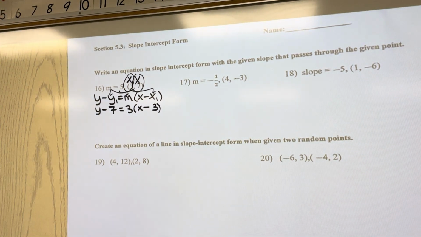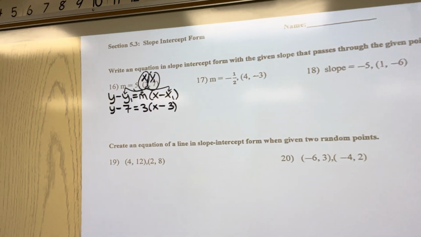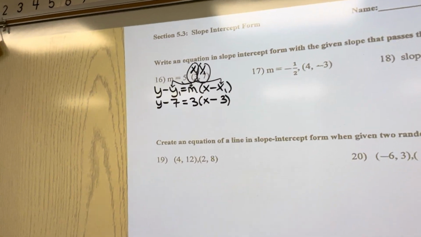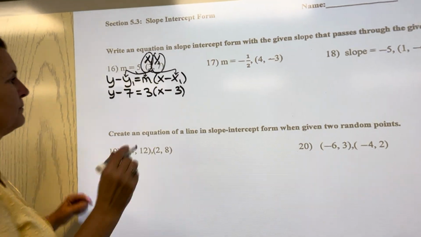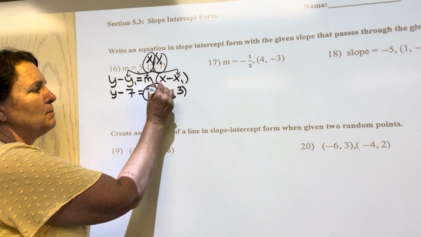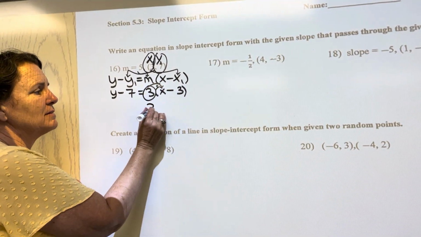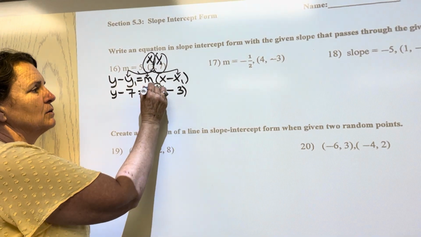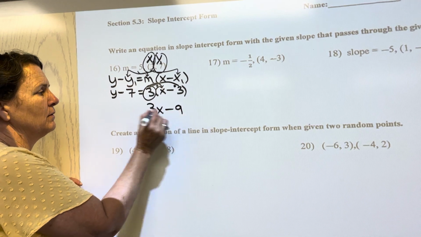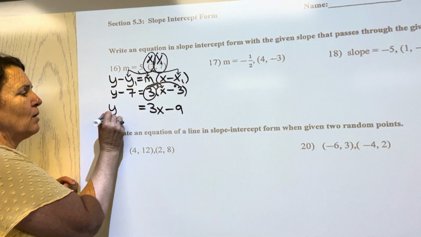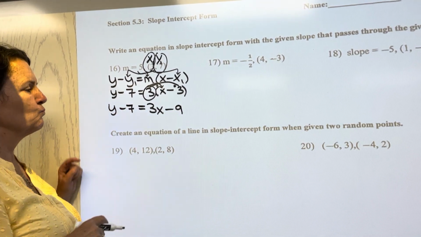Distribute is a fancy way of multiplying, okay? So let's distribute this. So we have this 3, and we're going to multiply it by x. 3 times x is 3x. 3 times 3 is 9, but make it a negative. And then we're going to write down y minus 7.